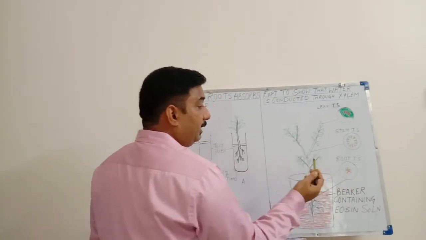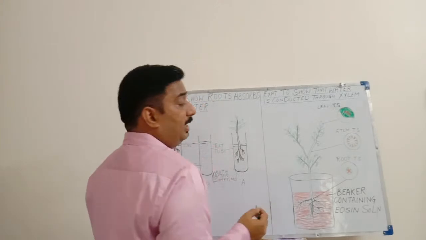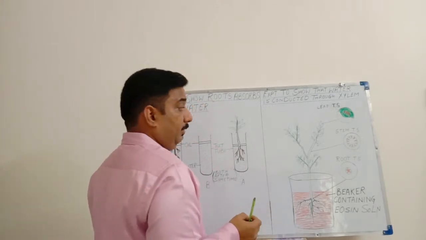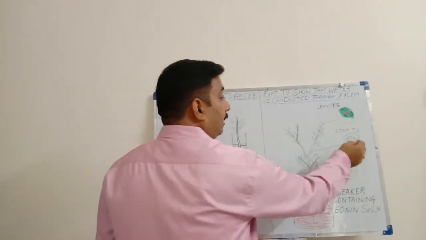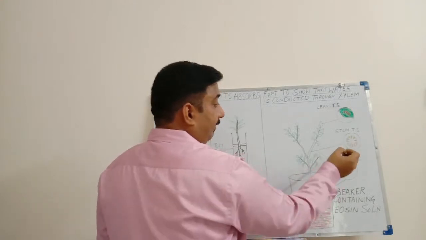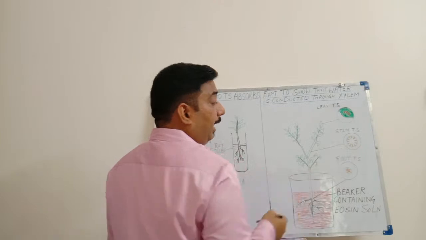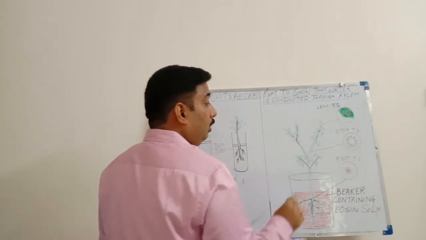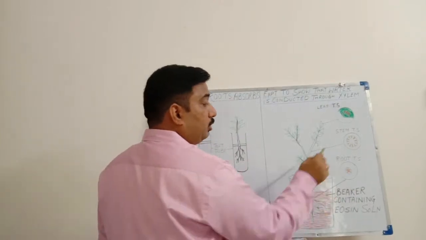Moving further, when we cut the transverse section of the stem, we will find the xylem is radially arranged in this way, and the xylem cells have attained a red color. The water will not stop here only.